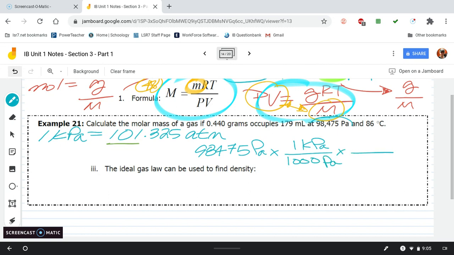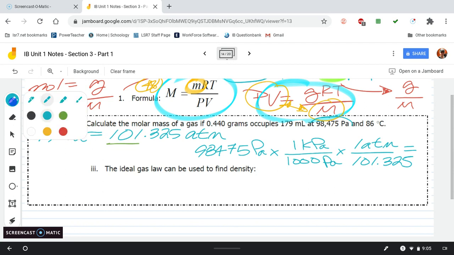And then I would convert it into ATMs. For 1 ATM, it's 101 kilopascals or 101.325. Okay. I like this unit a little bit better because I just like to remember my, forgot a unit there.